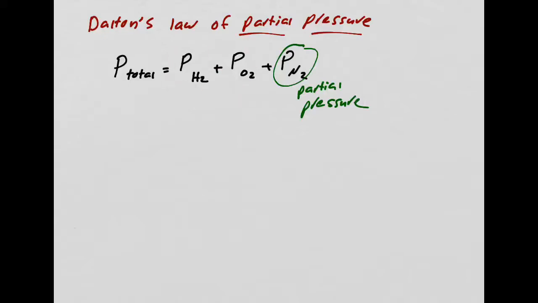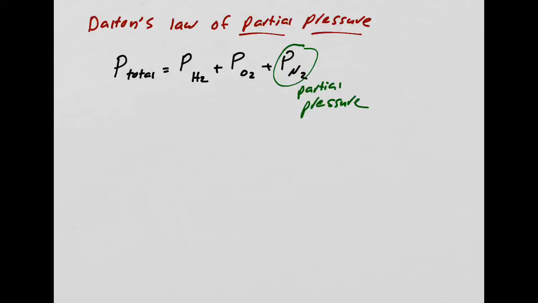So when they say, okay, find the partial pressure of N2, it's nothing fancy. You still use the same equation you've been using. It's just partial pressure because you have other gases in there too. That's what they call it, partial pressure. If in a room there was nothing but N2, they would say find the pressure of N2.